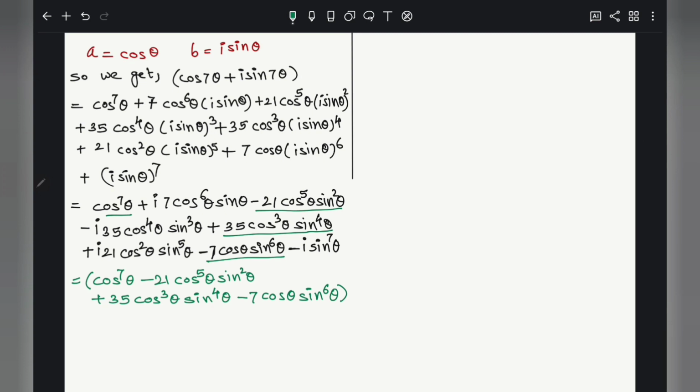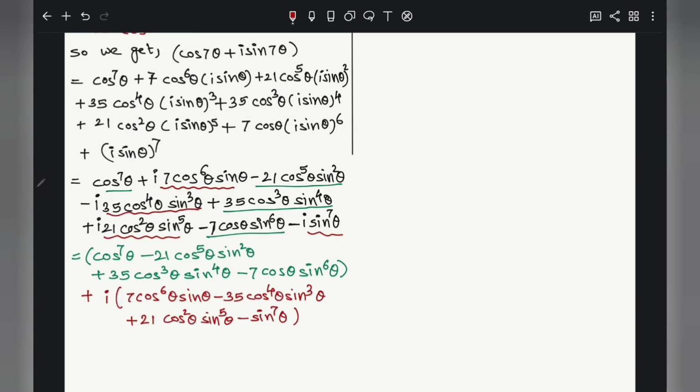Now we will start noting imaginary part. So plus, and you can see this term is imaginary because it has i in it. So all i I will take aside and only note the terms inside. So look here, I have noted imaginary part also, and that's all, we are done.